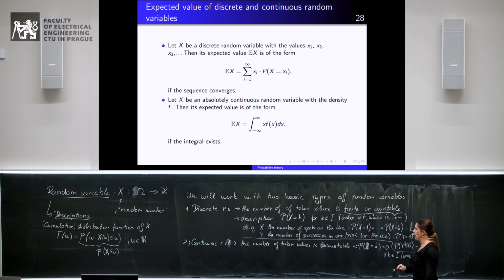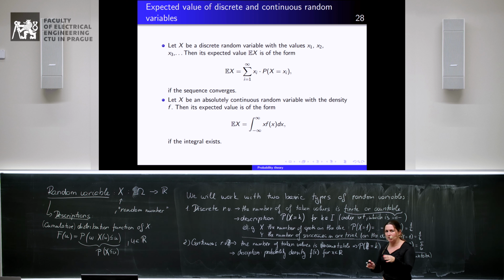Now, okay, so we have another description, and the description is given by so-called probability density, which is a function of real variable, and this probability density describes how the probability is distributed among the taken values.